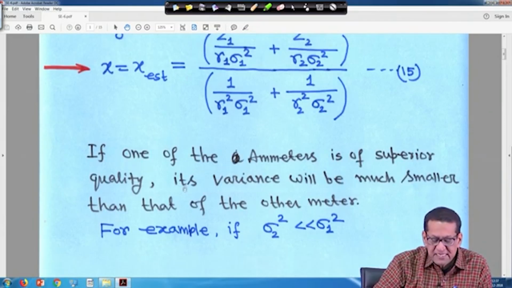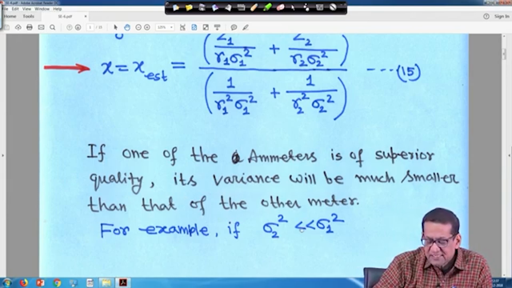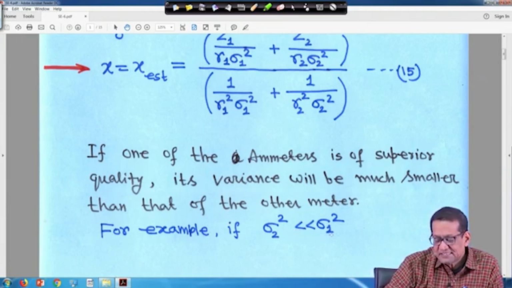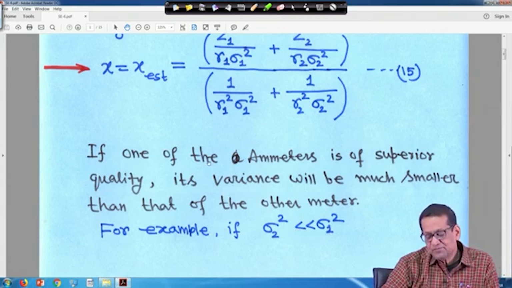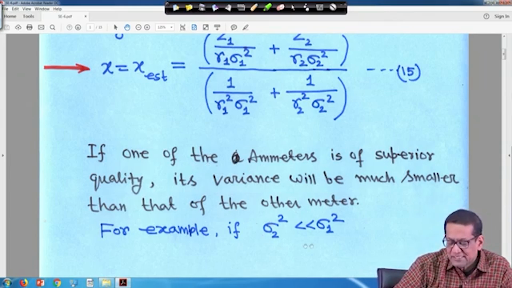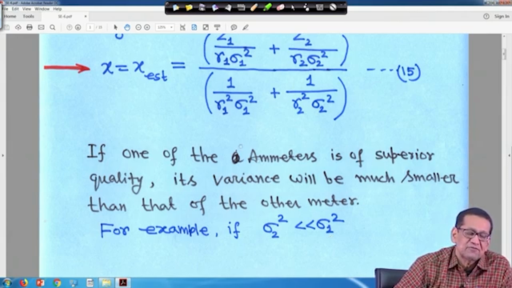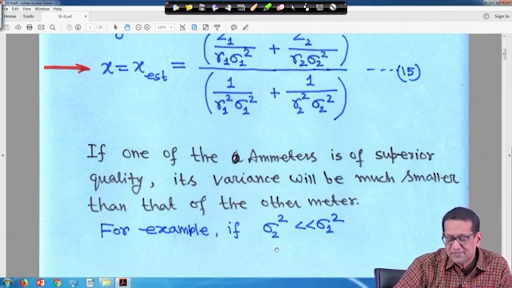So, for example, if sigma 2 square is much less than sigma 1 square, therefore that means ammeter 2 is of superior quality to ammeter 1, because its standard deviation is much less than that of ammeter 1. So, here the variance sigma 2 square also will be much smaller compared to the other meter's variance sigma 1 square. We assume something like this.